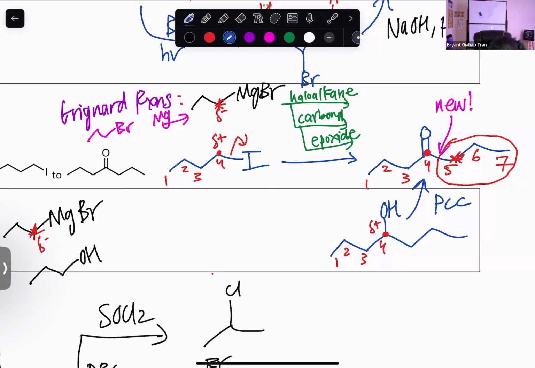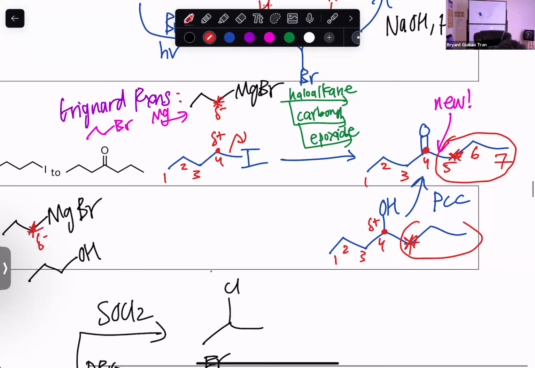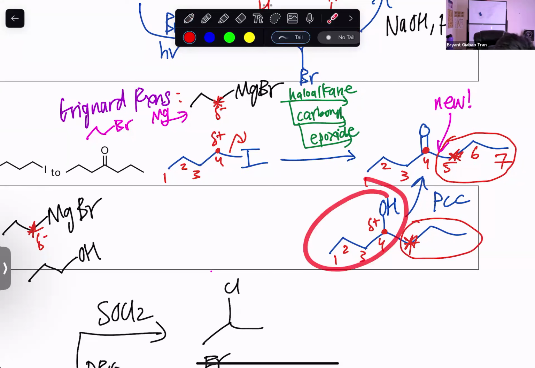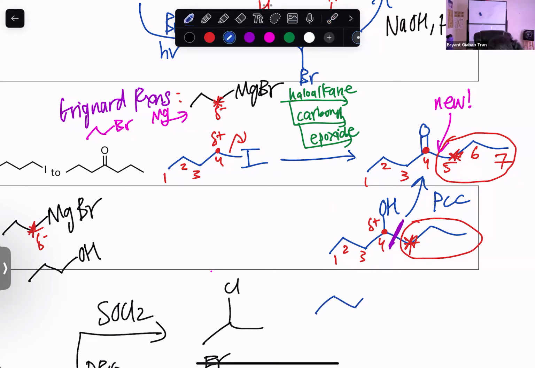So let's say this was the nucleophile star right here, the Grignard reagent portion, and this part right here was the electrophile portion. Then let's make a cut between the star and dot carbon, because you're going to make a cut between the new bond that gets formed. And when we go backwards, we could say that alcohol came from this aldehyde right here, right?